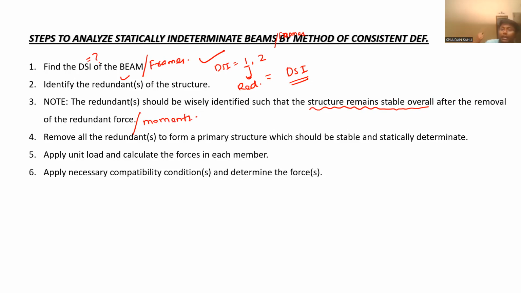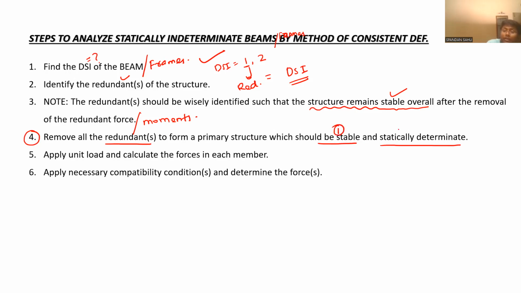Once you have taken out all those redundants, that structure is called your primary structure, and the primary structure should be stable and statically determinate. So the fourth step is that you only remove all those redundants such that the structure remains stable and statically determinate.